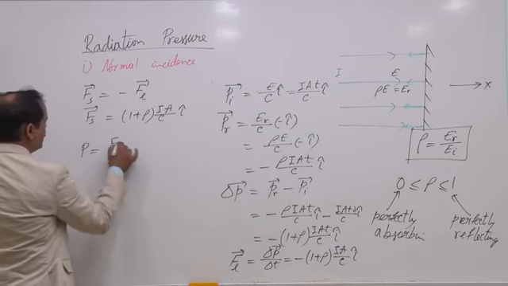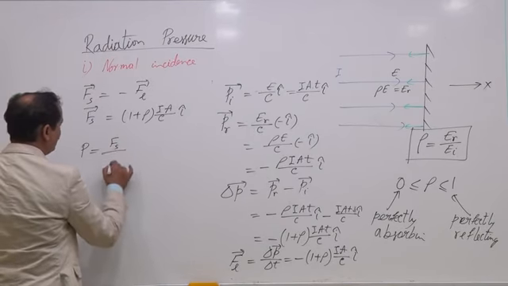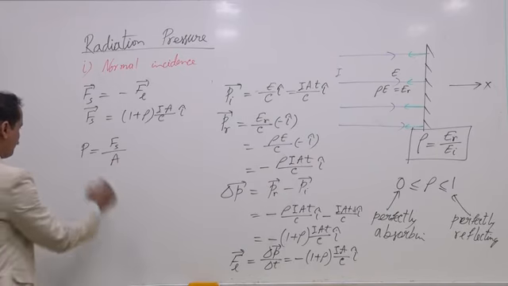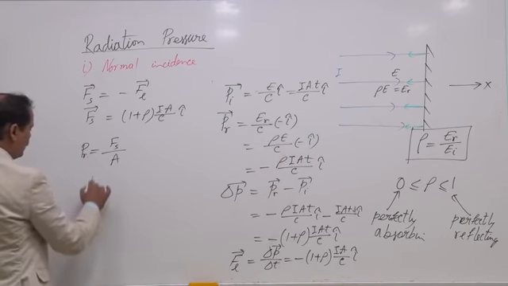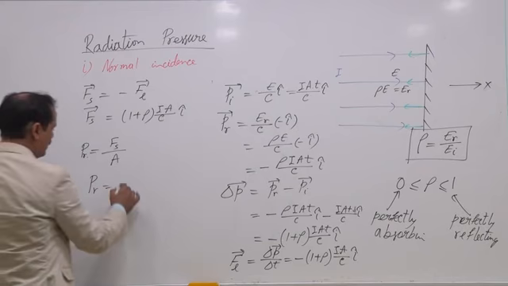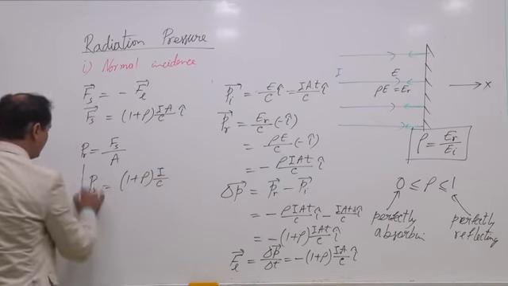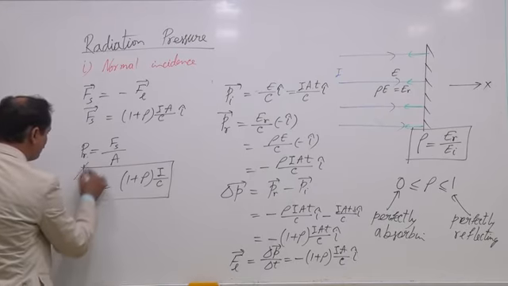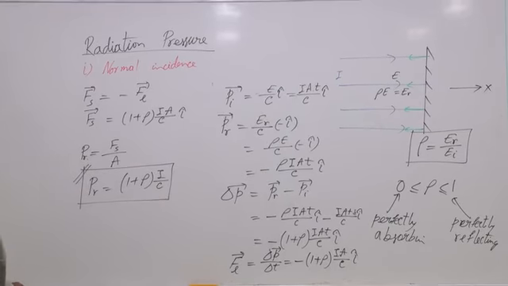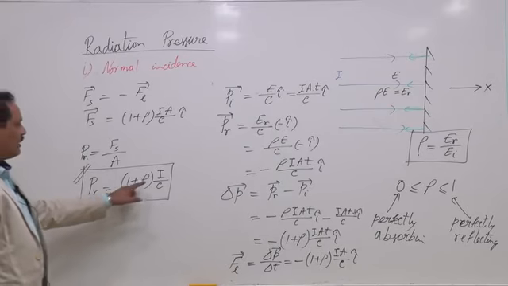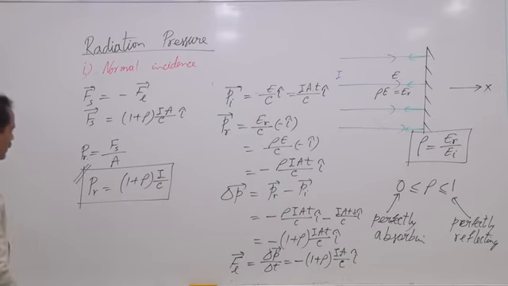So pressure is the magnitude of normal force per unit area. This is the pressure PR. So pressure is equal to (1 plus rho) I by C.